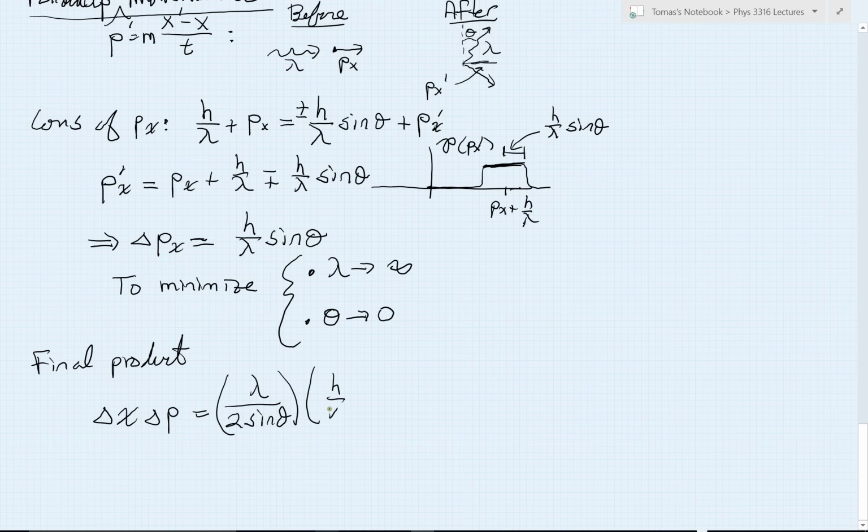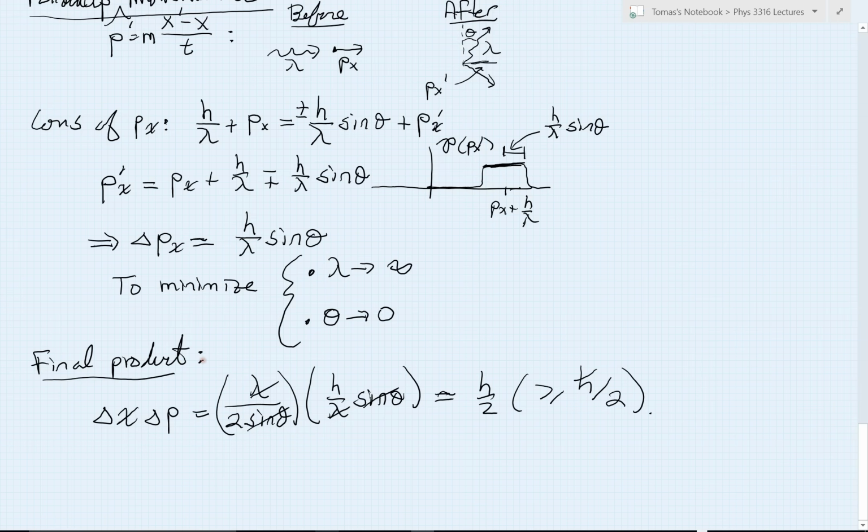And you're going to see we have quite a few cancellations here. In particular, the sines of theta cancel, the lambdas cancel very nicely, and we get, in this case, approximately h over 2, which is, of course, very safely greater than or equal to the true fundamental limit, h bar over 2.